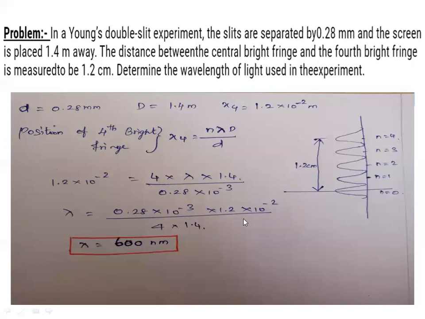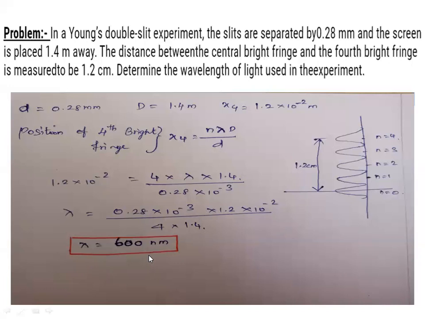If we solve this, the value comes out to be lambda equal to 600 nanometers. The wavelength of the light used over there is 600 nanometer. I hope you understand.